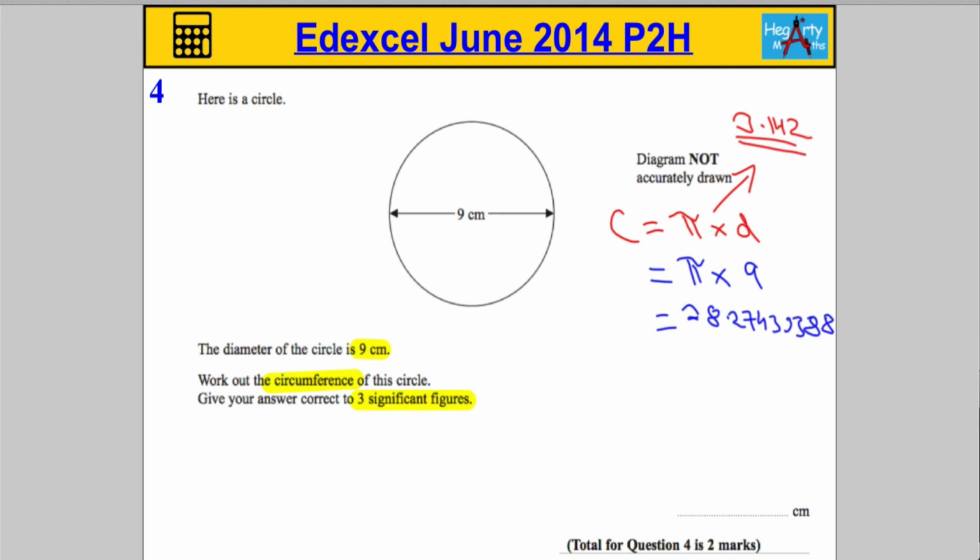And when we round that, it's going to be approximately to 3 significant figures. Rounding to 3 significant figures is going to be rounding to this digit here, which is the first decimal place, which means we round up because that's a 7, so we get 28.3.